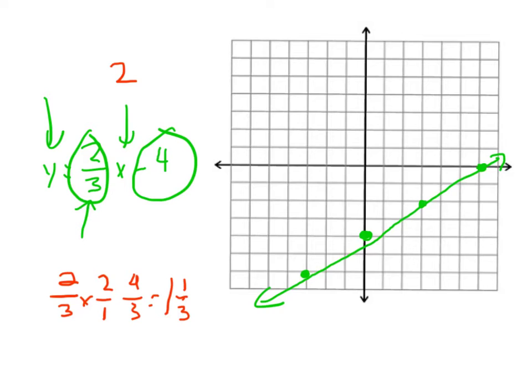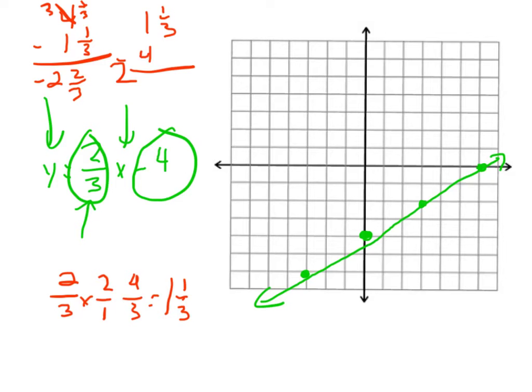And then 1 1/3 minus 4. Probably should have picked a better number here, but we will make this work. So what we actually have to do is 4 minus 1 1/3, and just turn it into a negative number. 3/3, so that'll be 2 2/3 negative.